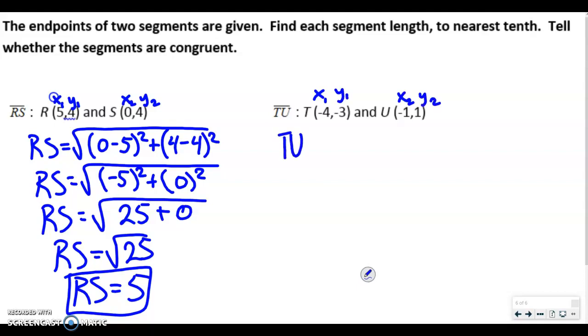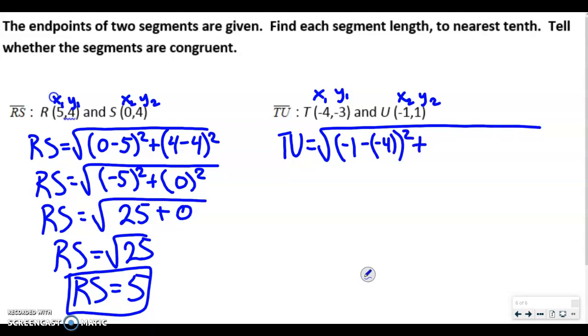So TU, we have negative 1 is our X2 minus negative 4. That'll be squared plus y2, which is 1, minus negative 3. And that'll be squared.